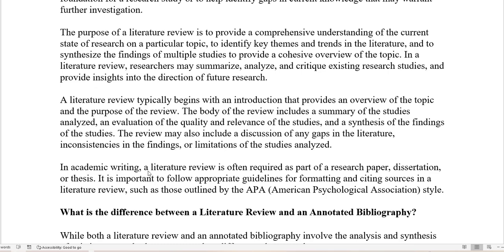In academic writing, a literature review is often required as part of a research paper, dissertation, or thesis. It is important to follow appropriate guidelines for formatting and citing sources in a literature review, such as those outlined by the APA, American Psychological Association style.